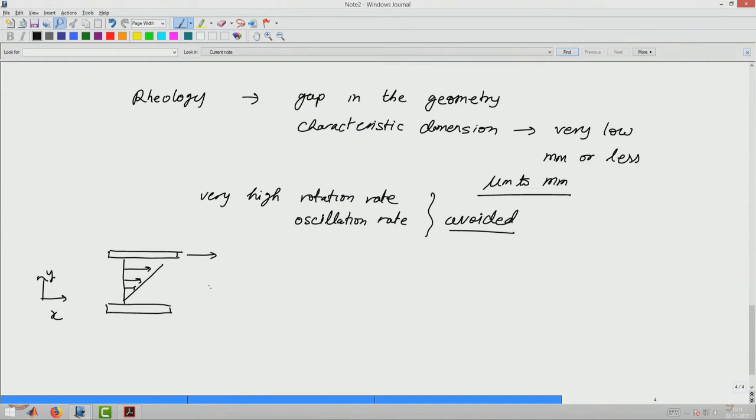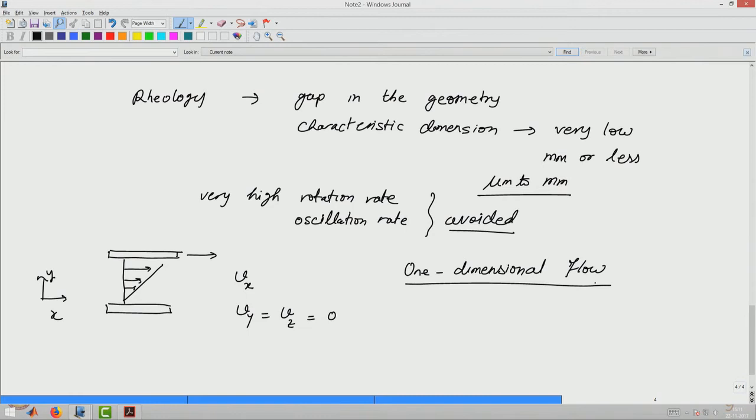Given that the plate is moving only in the x direction, we expect velocity in the x direction to be present. We say that in the y and z direction there is no motion. So, this is an example of a one dimensional flow that we have seen when we were reviewing the rheometric flows.